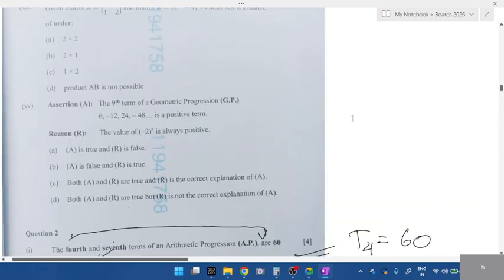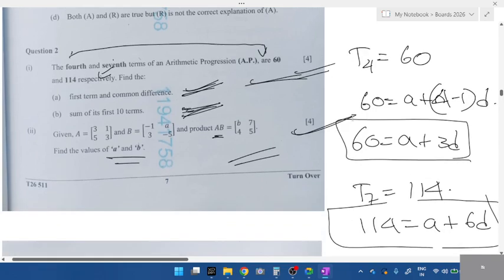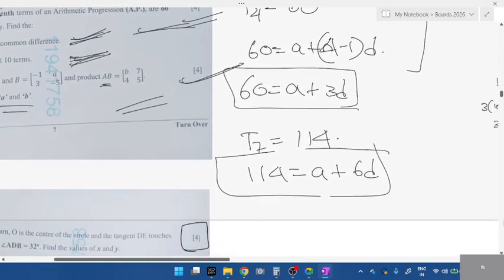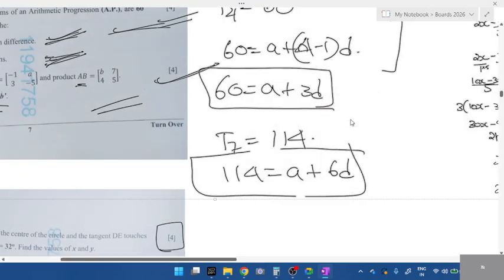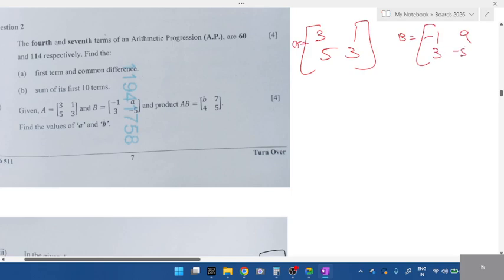Where is that question? Okay, can you see the question, students? What is given? What is matrix A? 3, 1, 5, 3. Matrix B is what? -1, A and 5.